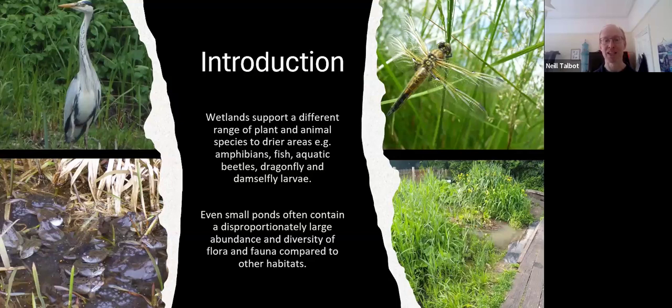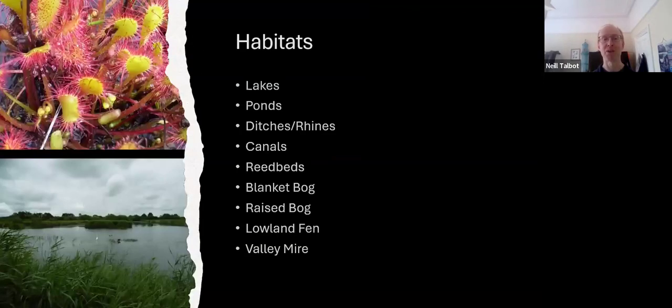So they are particularly important in a biodiversity context, and as is happening with biodiversity in this country and worldwide, it's under threat from climate change, loss of habitat and various other threats, which I'll talk about a bit later. But I'll move on now to what the different habitats are.